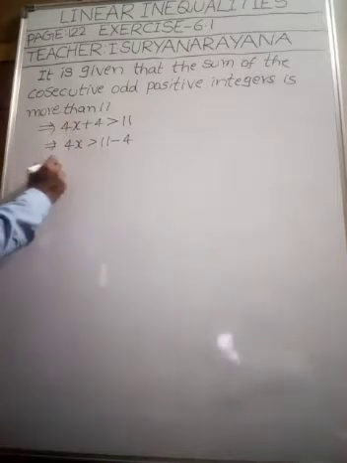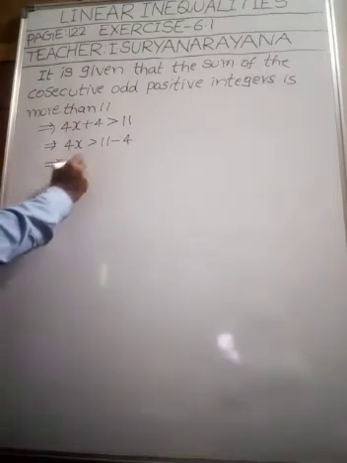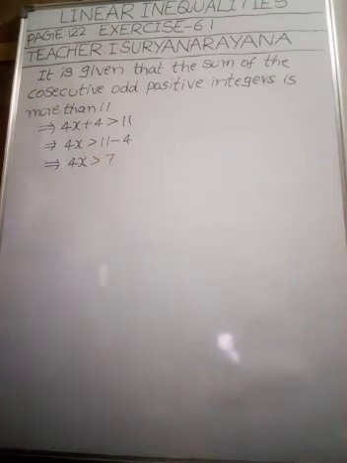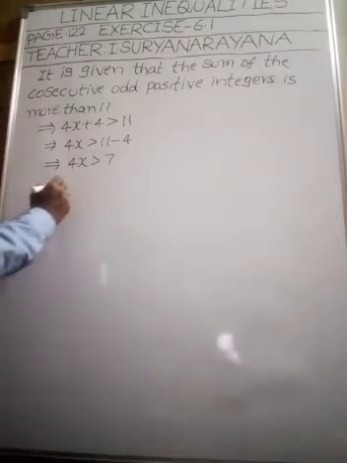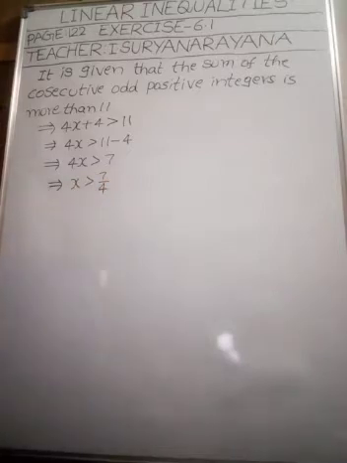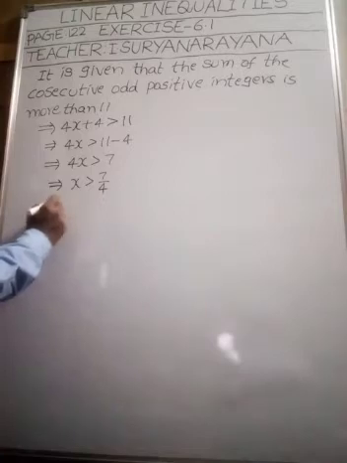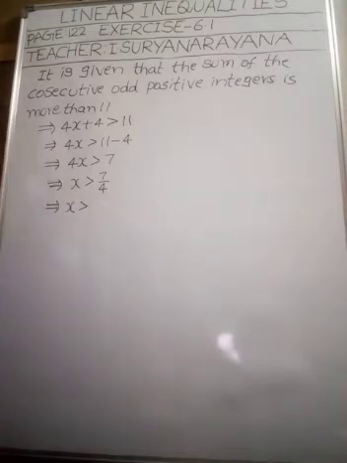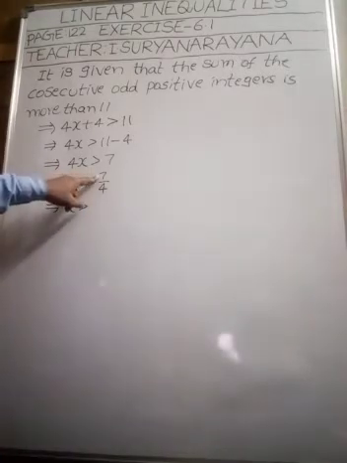Right. This implies 4x is greater than 7. Understood this step, my children? Right. This implies x greater than 7 by 4. Divide 7 by 4.